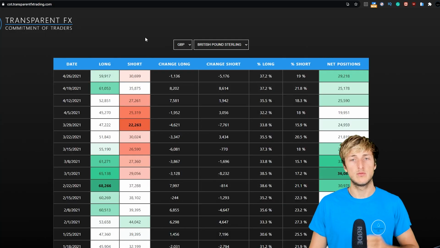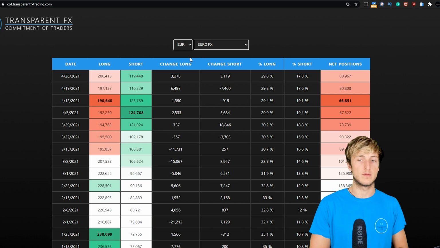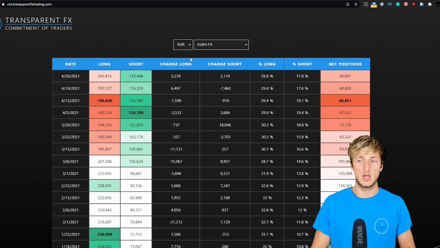Now, if we go and see what we have from a COT perspective, so commitment of traders, which is basically what hedge funds, so the non-commercials and the biggest speculators in the market are doing, what we can see is that with the last reports, net positions have been increasing.